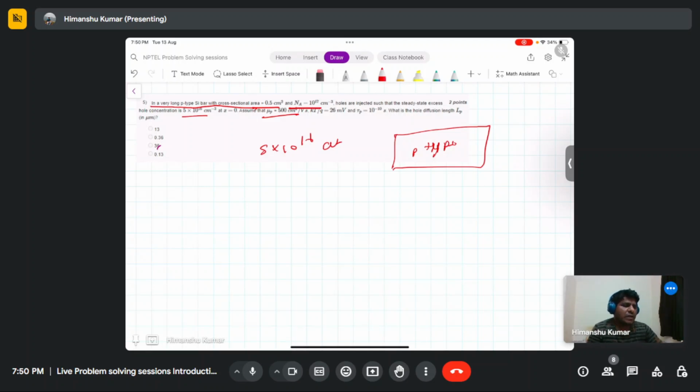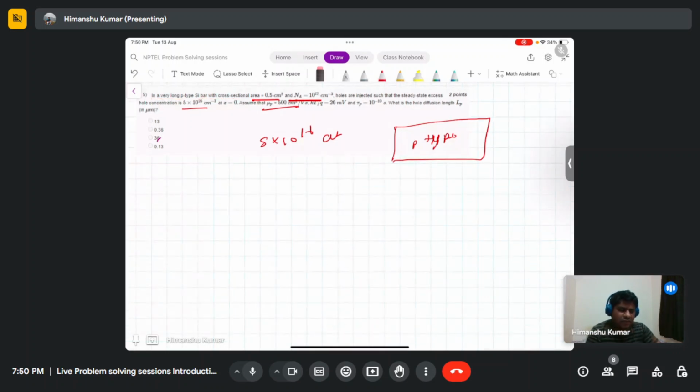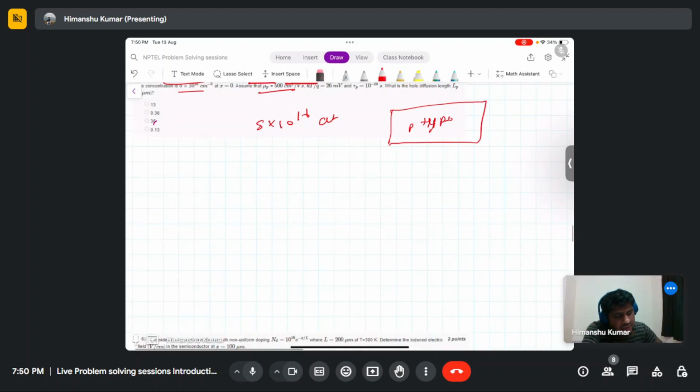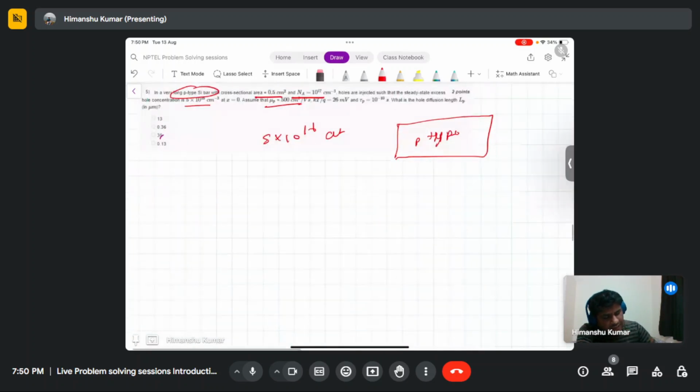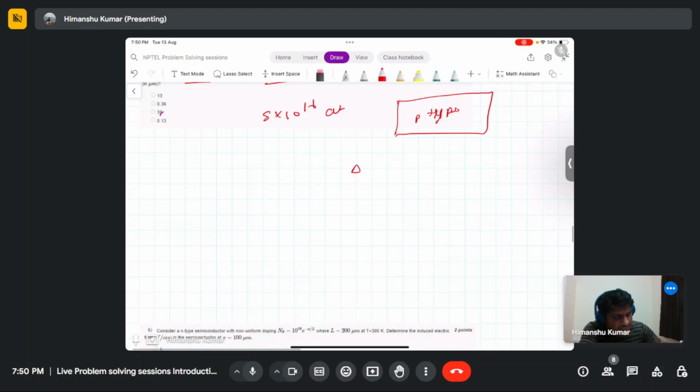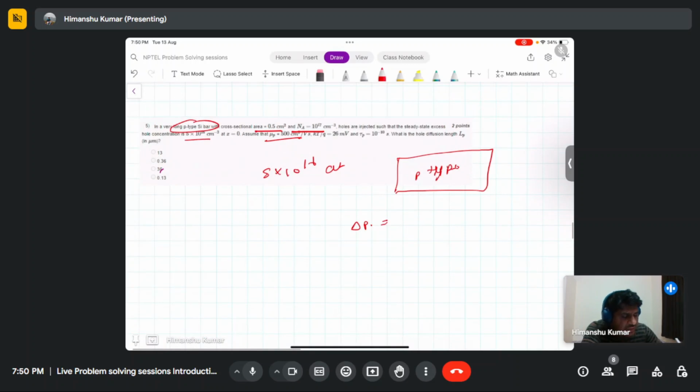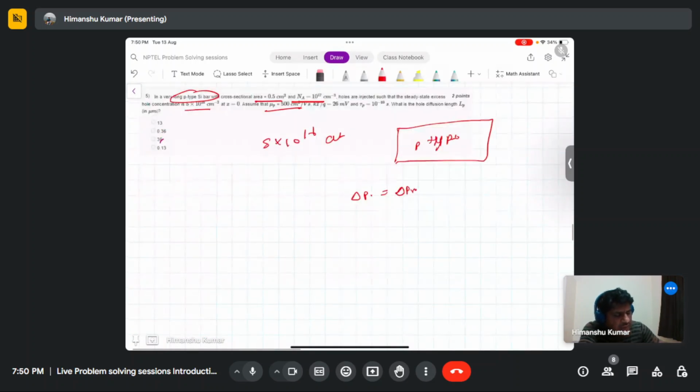For a long semiconductor, the distance here is given as a long p-type semiconductor. So basically we need to consider the long-case profile, where the excess carrier is delta p naught times exponential of minus x by Lp.